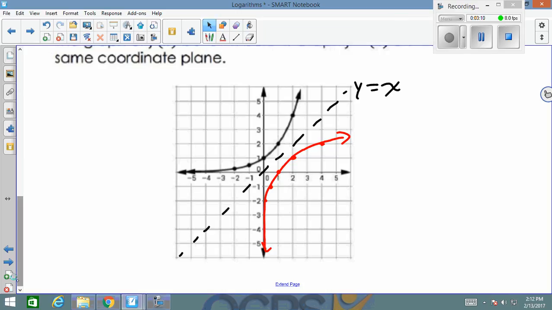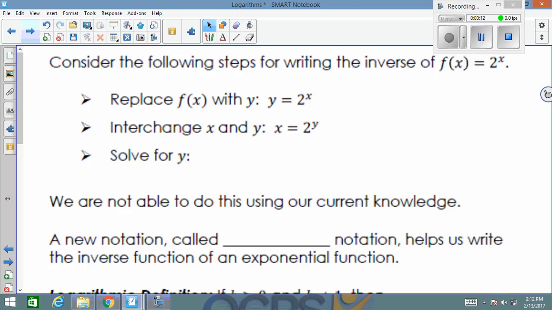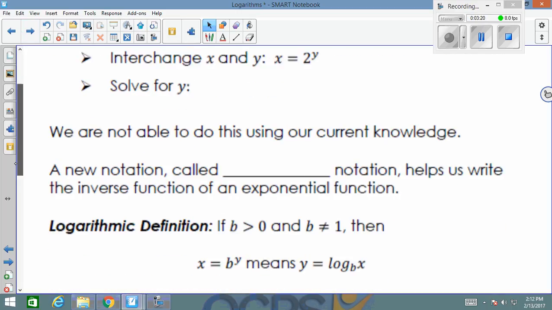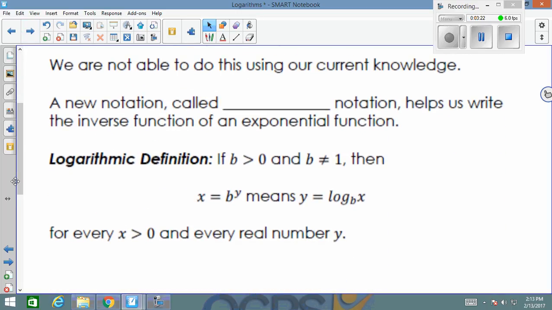So consider the steps that we have for inverse functions. Typically we'll switch our x and y, and then we'll solve for y. The problem is we're not able to do this with our current knowledge. So our new notation, called a logarithm, helps us write the inverse function of an exponential function.